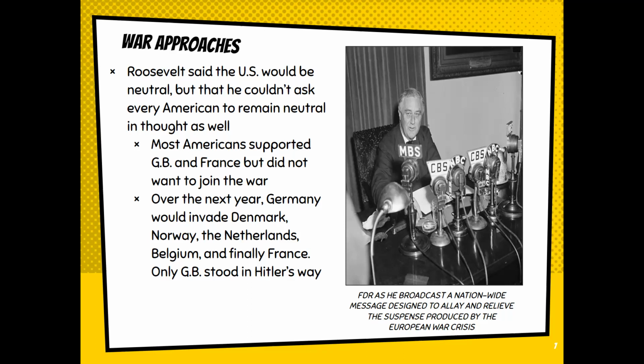Don't think of either side of going to war. Roosevelt says, while our actions might be neutral right now, he couldn't force the people to be neutral in thought. So I think this is his beginning to say, okay, we might become involved in the future, and kind of preparing people for that.